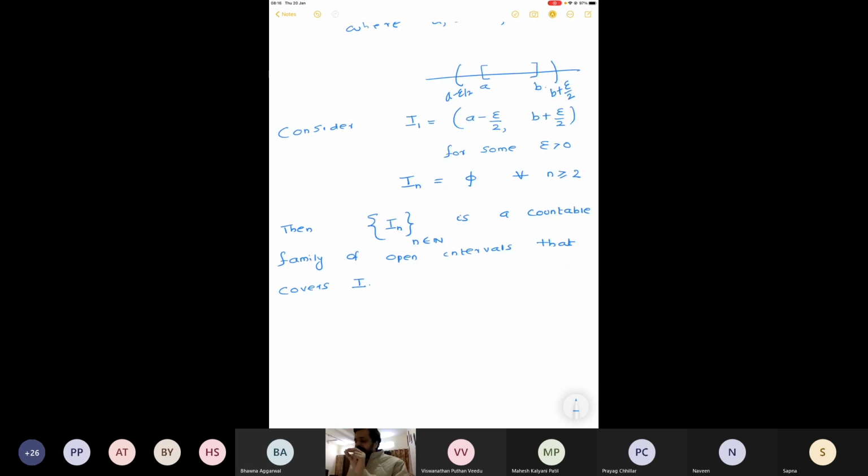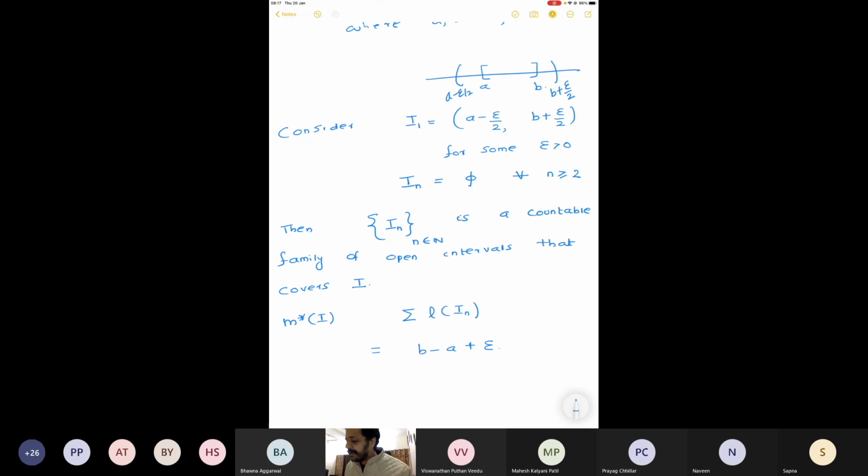And for that fixed countable family of open intervals, the summation of length of In coincides with length of I1 plus 0 plus 0 plus etc. And length of I1 is B minus A plus epsilon. Okay. Now, what is M star of I? M star of I, by definition, is the infimum of such sums.